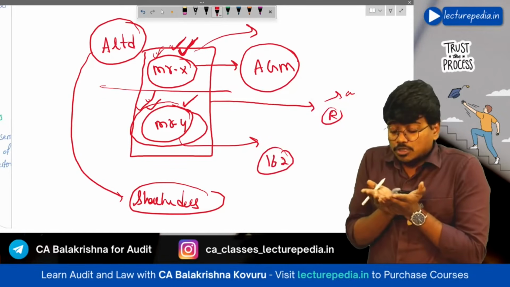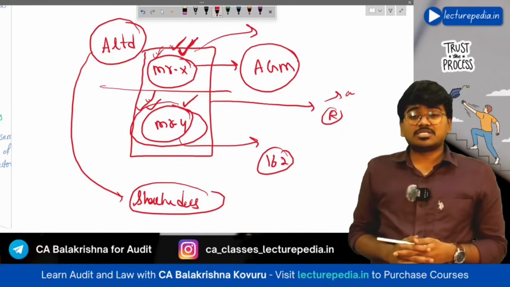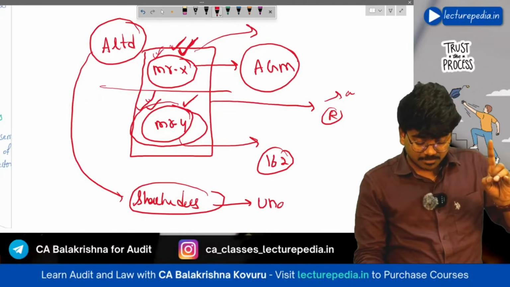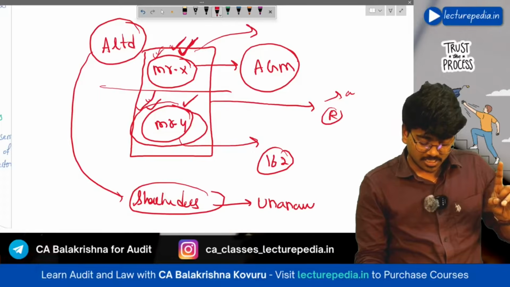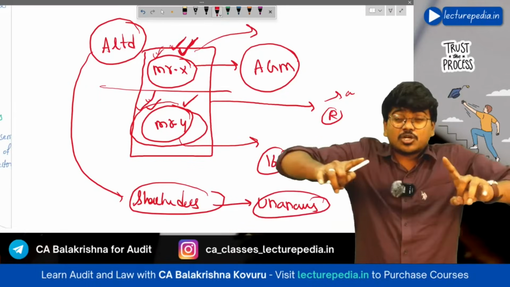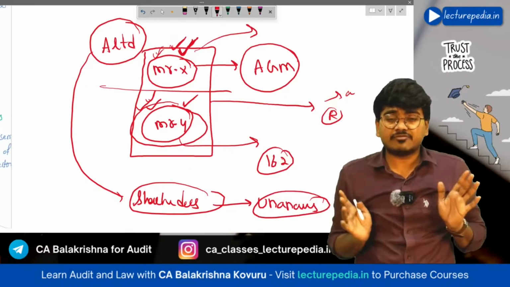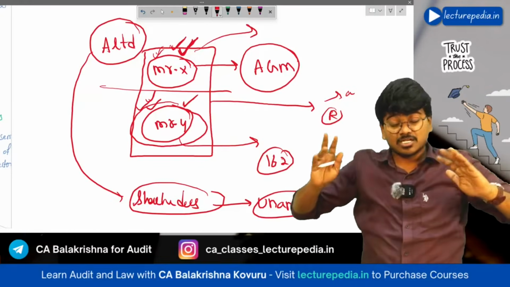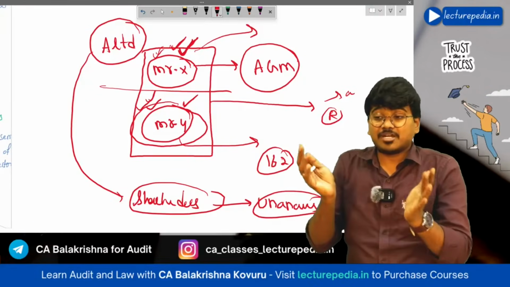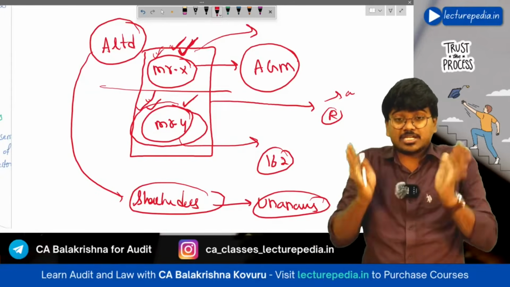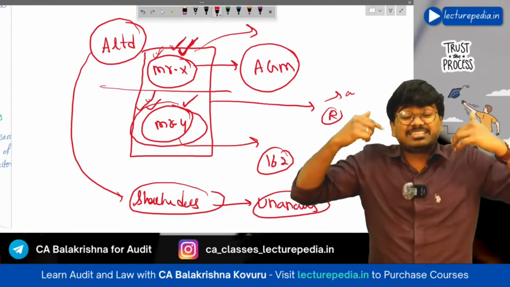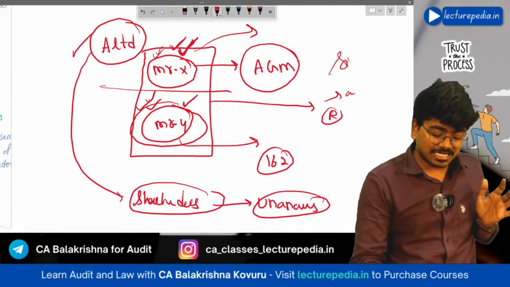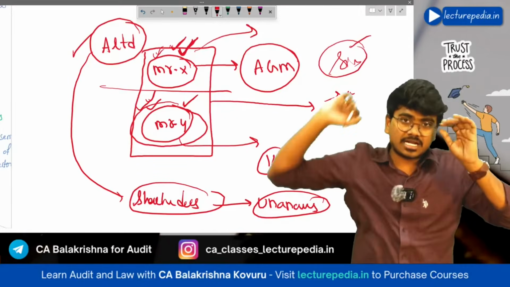Now, if shareholders unanimously agree, unanimously means even one shareholder should not show any objection, only then, in that situation, A Limited can use a single resolution for appointing two or more directors.